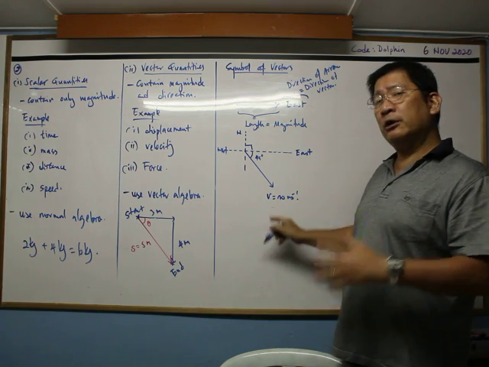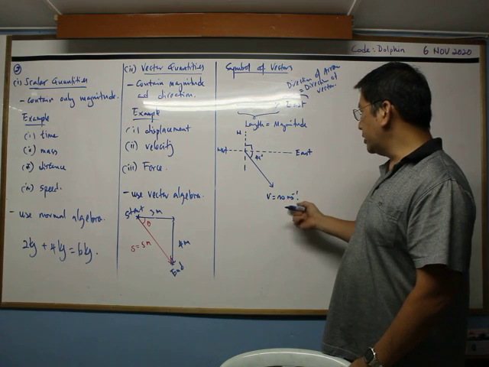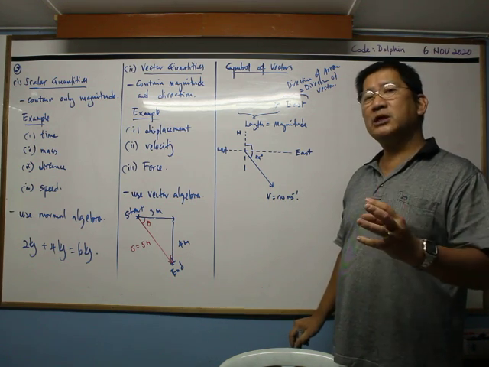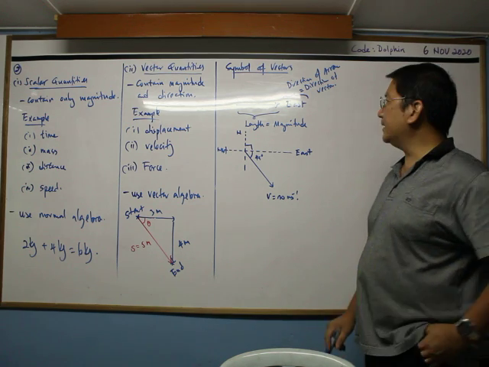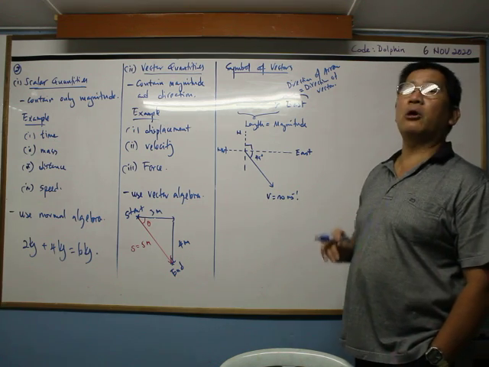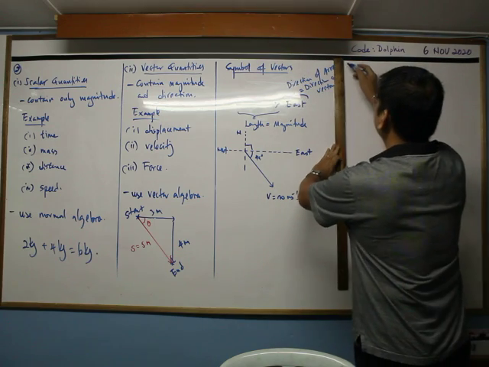So you can specify your direction by saying that your velocity is 20 meters per second at a bearing of 135 degrees. That is one way. But in physics, we normally adopt the component method. Later we look at the component method. So these are vectors.